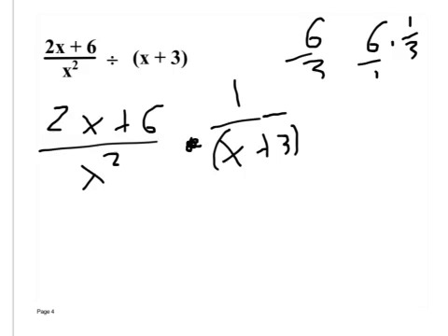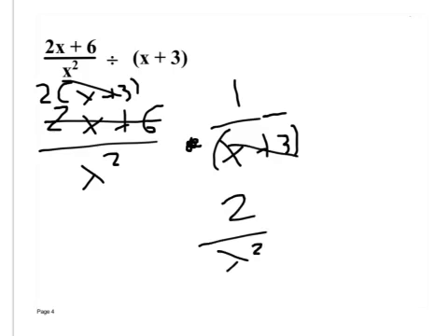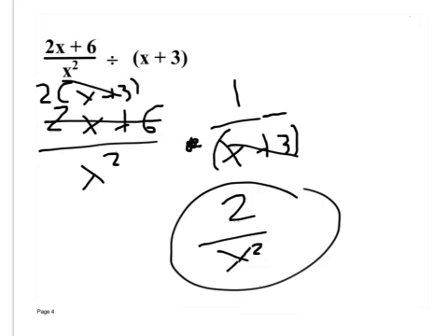So here, instead of dividing by x plus 3, we multiply by the reciprocal of x plus 3. Now here I'm going to factor out a 2 to get x plus 3 up here. My x plus 3 is canceled. Nothing else is left, so 2 over x squared. Easy enough.